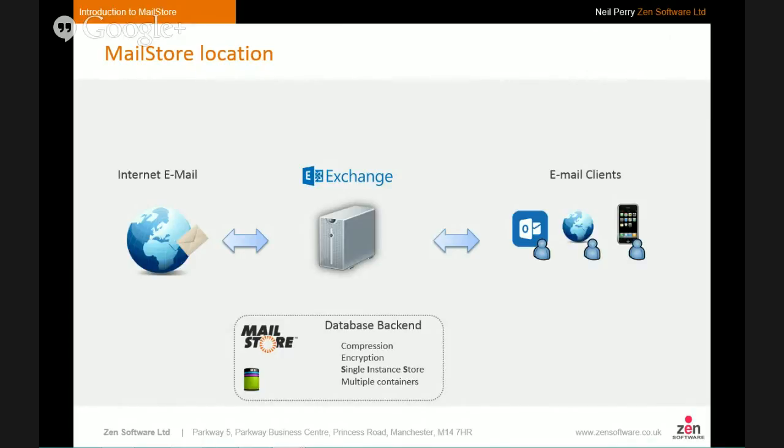Where those containers exist may well be on local drives to the MailStore server, or even on NAS devices, shared drives on the network. You've got the option, and you can even move those around over time. So if you feel that you're running out of space on one disk, you can start archiving to a new archive on a new disk, or you can dismount an archive and move it. It's very flexible in that respect.